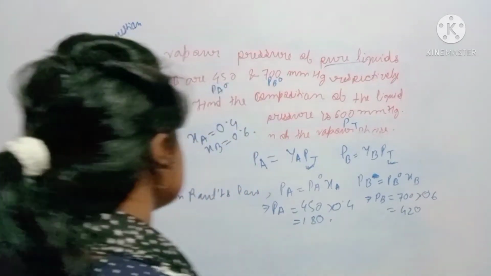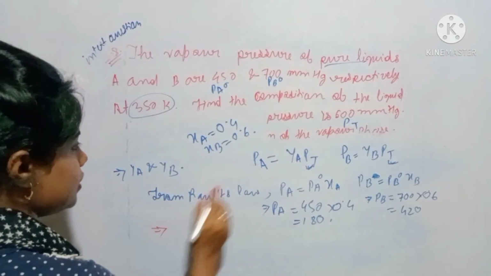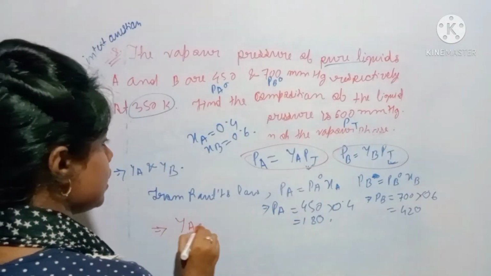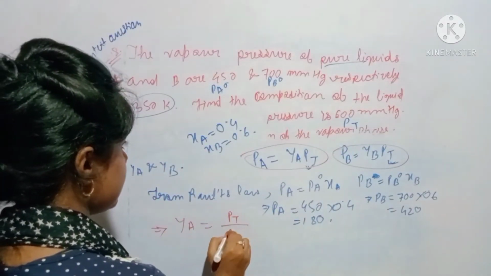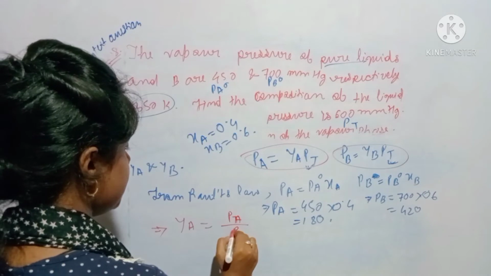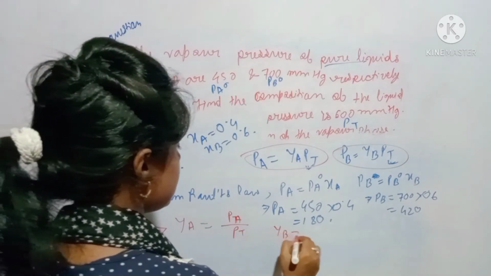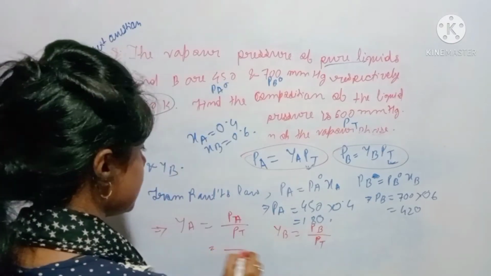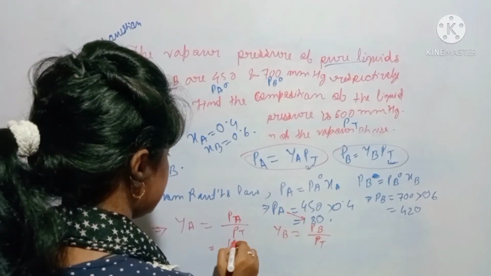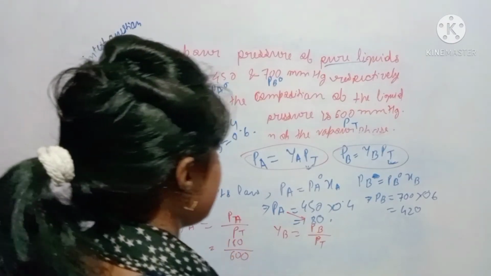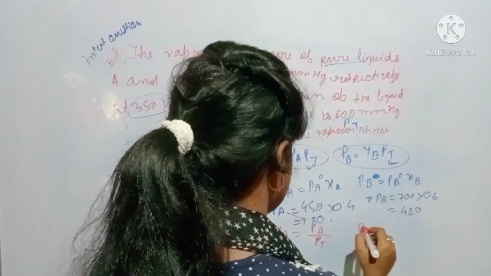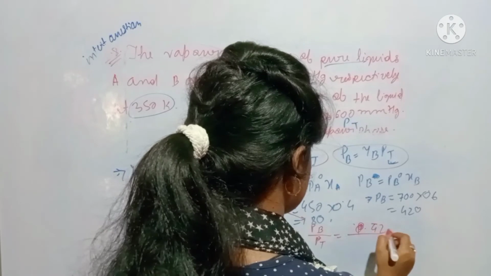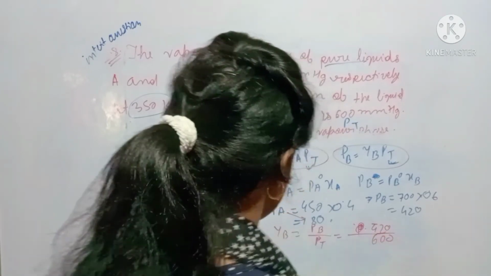Since PA equals YA PT and PB equals YB PT, YA equals PA by PT, and YB equals PB by PT. So for YA the value is 180 divided by 600, and for YB the value is 420 by 600.